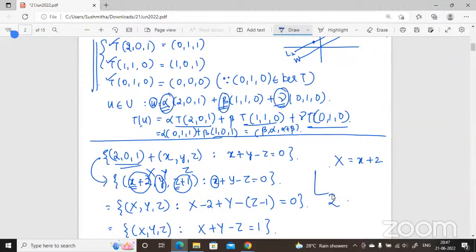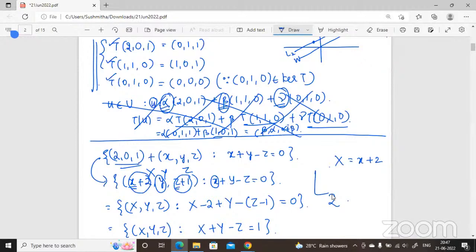I just wrote T of u in general. After finding alpha, beta, gamma, you plug those values in here; that is what we do later on. Yes, I understood that, but both equations are different. Ignore this.